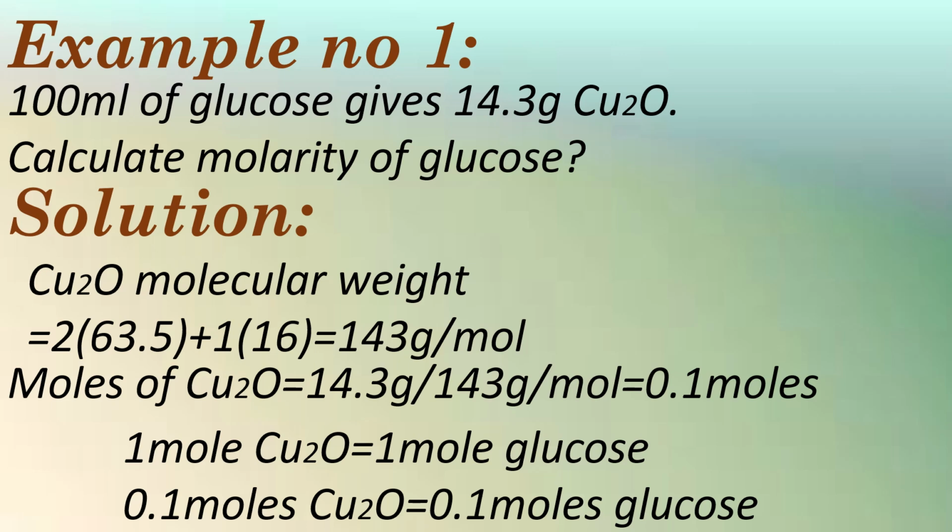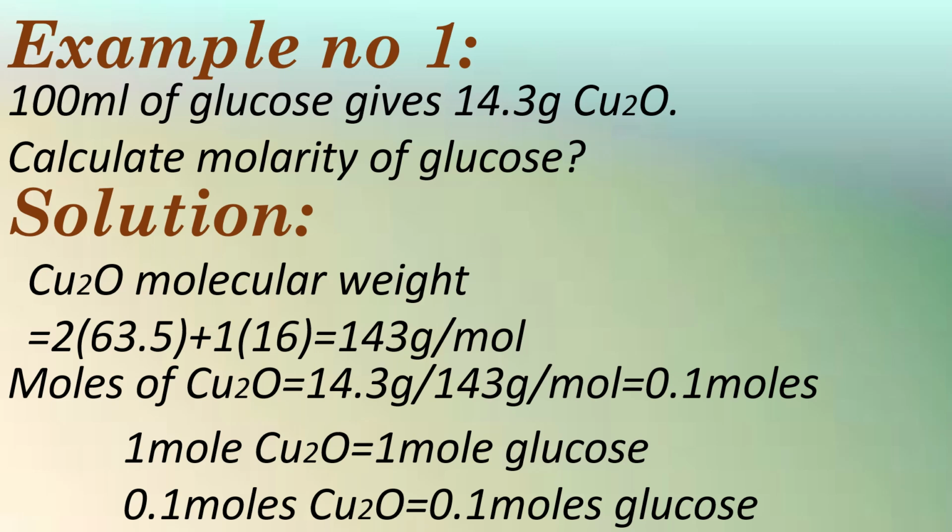Solution. First we have to find the molecular weight of copper(I) oxide, which is equal to 2, the number of copper atoms, times 63.5, the atomic weight of copper, plus 1, the number of oxygen atoms, times 16, the atomic weight of oxygen. After solving, the molecular weight of copper(I) oxide is 143 gram per mole.